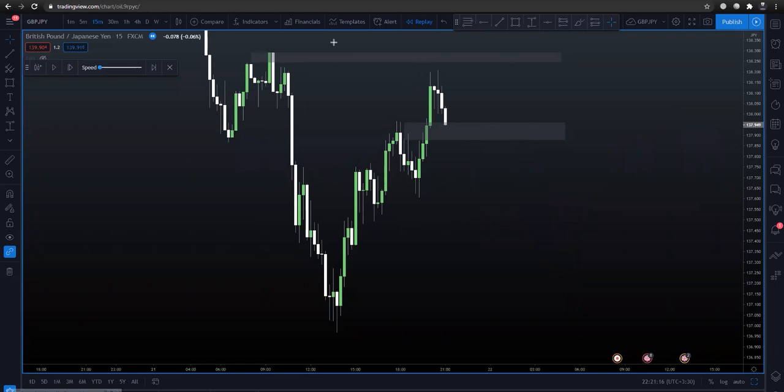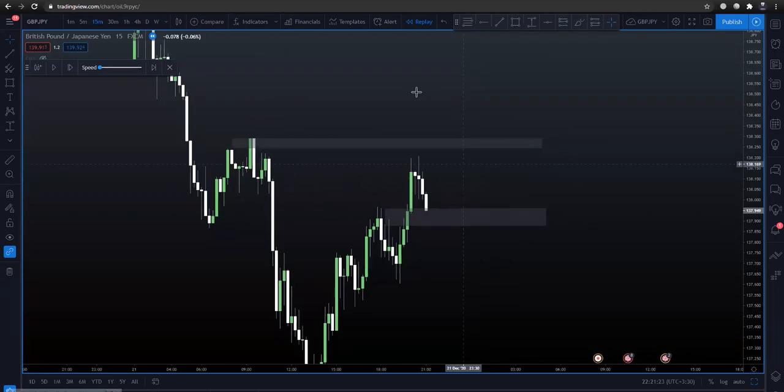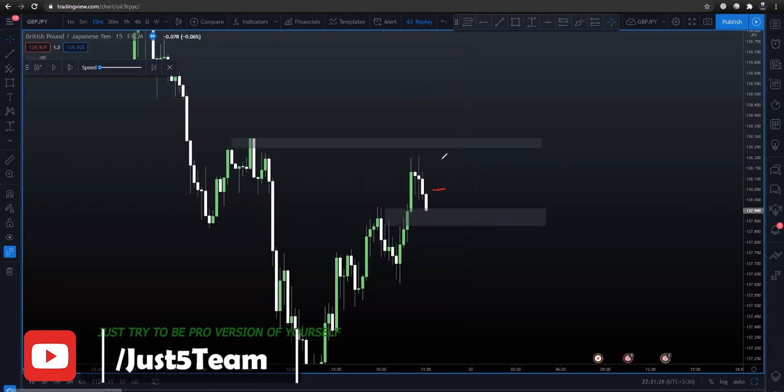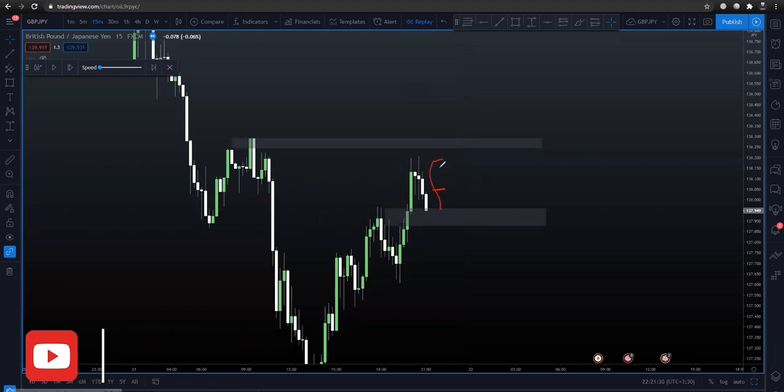So we have some scenarios for trading. I've told you if it comes down, we could go for a sell, or for a buy when we have a good confirmation. For example, if the candle closes in that area, you will not have enough space to reach this area. So we will not go for a buy in that area.